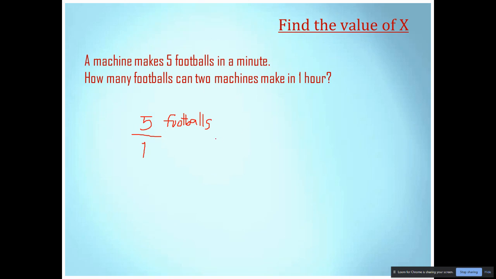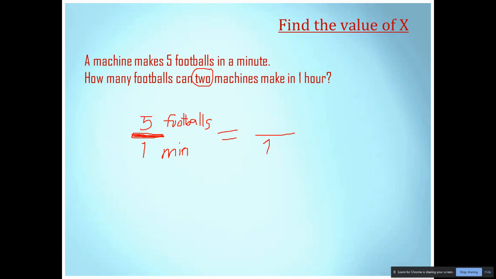So first, we need to find how many footballs in 1 hour, and then we will multiply that by 2 because we have two machines here. So in 1 hour, that means 60 minutes, right? Since this is 1 minute here, we have to change.